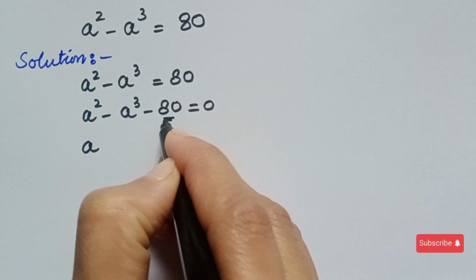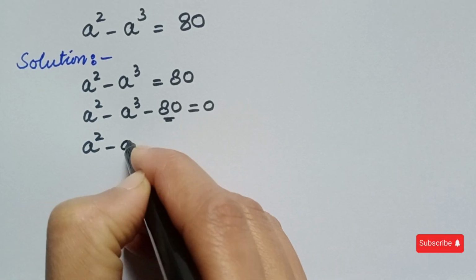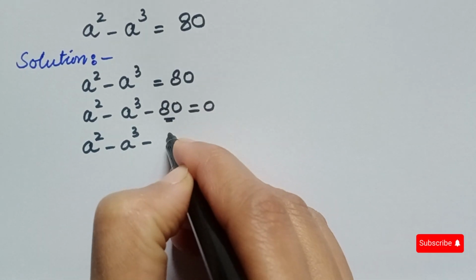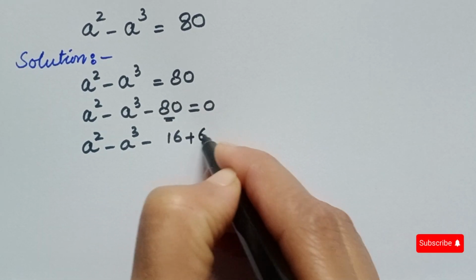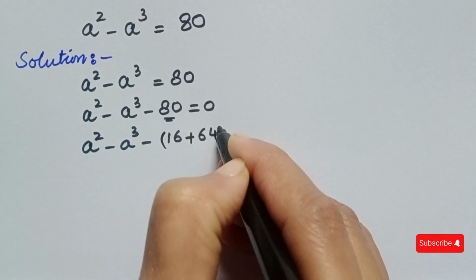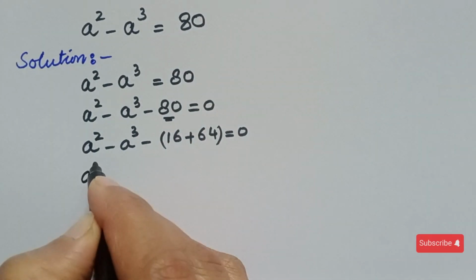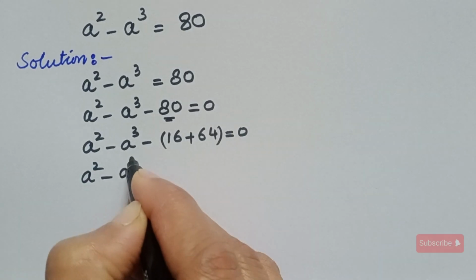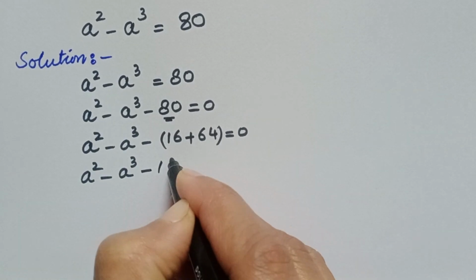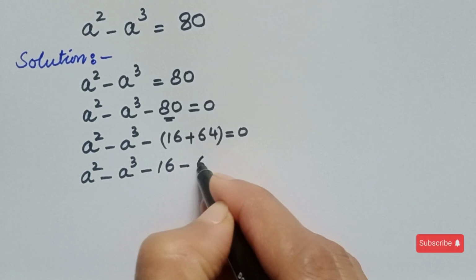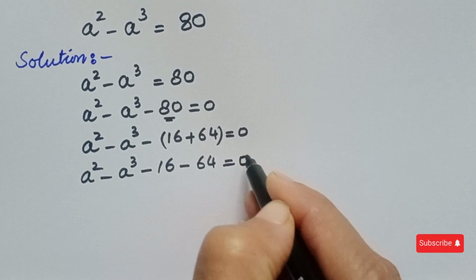So here we will write 80. We will break it down. A square minus a cube minus, we can write it as 16 plus 64. So from here we can write a square minus a cube minus 16. This minus will make this plus sign, minus 64 is equal to 0.